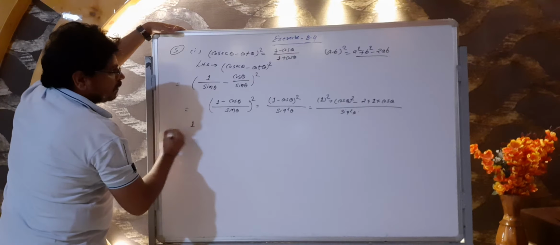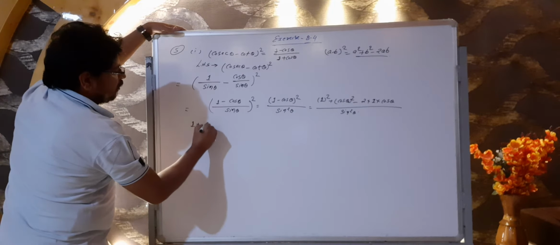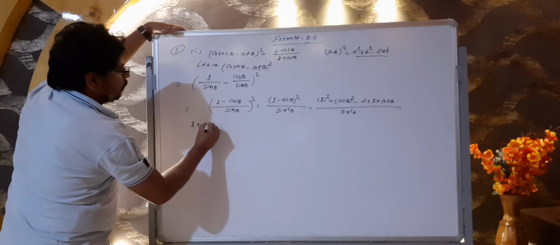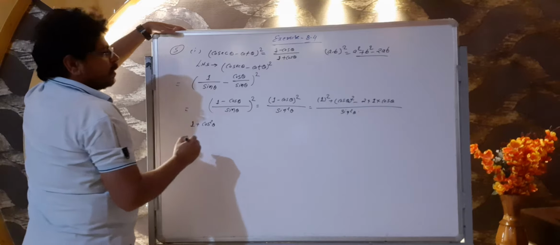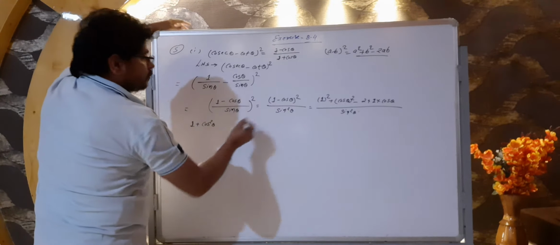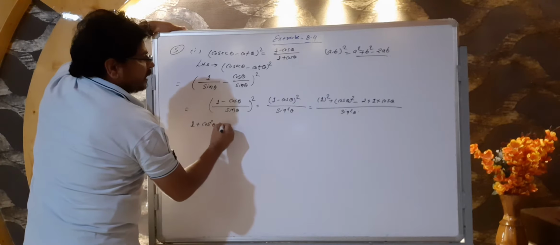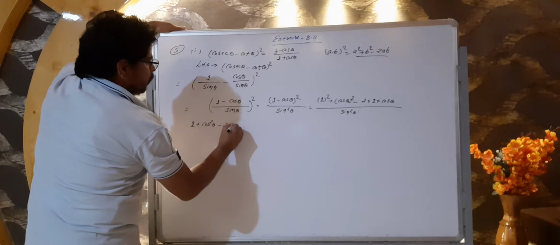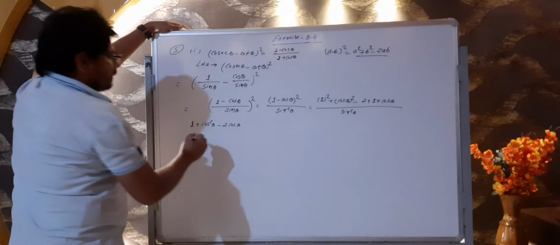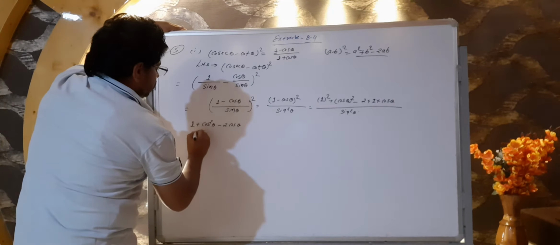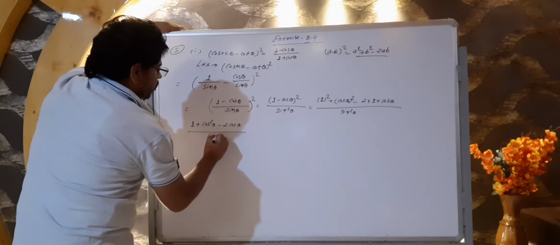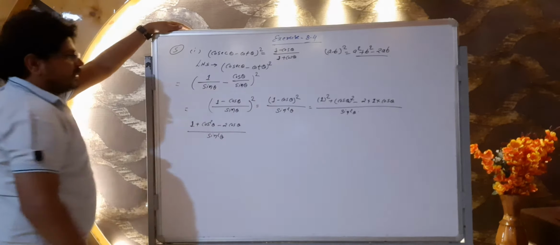Okay, clear? Now next, 1 plus cos theta whole square, it means cos square theta. Cos square theta. Okay. Now minus 2 cos theta, okay guys, upon sin square theta.